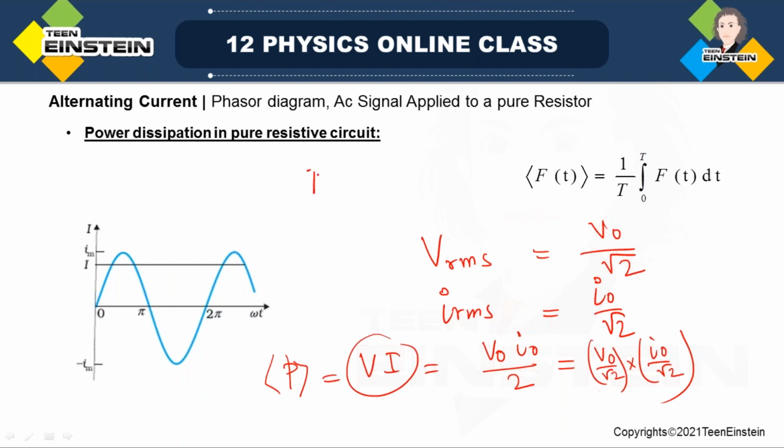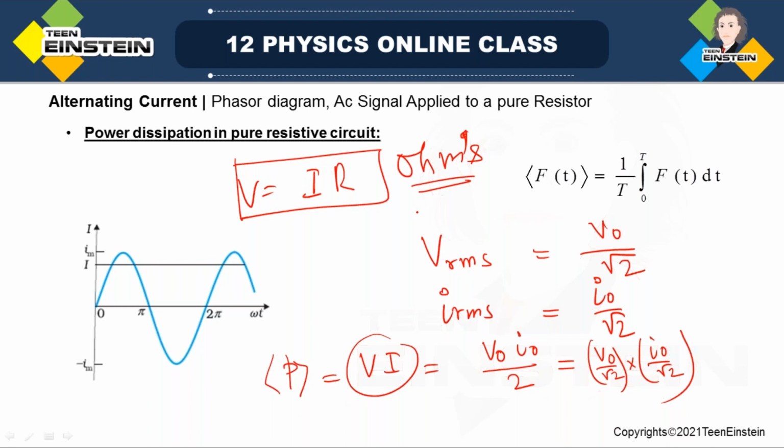In the AC case also, V is equal to IR is valid. This is Ohm's law. In the case of a purely resistive circuit, V is equal to IR, Ohm's law is valid. But in this case, this quantity is actually the RMS value, and this is also the RMS value.